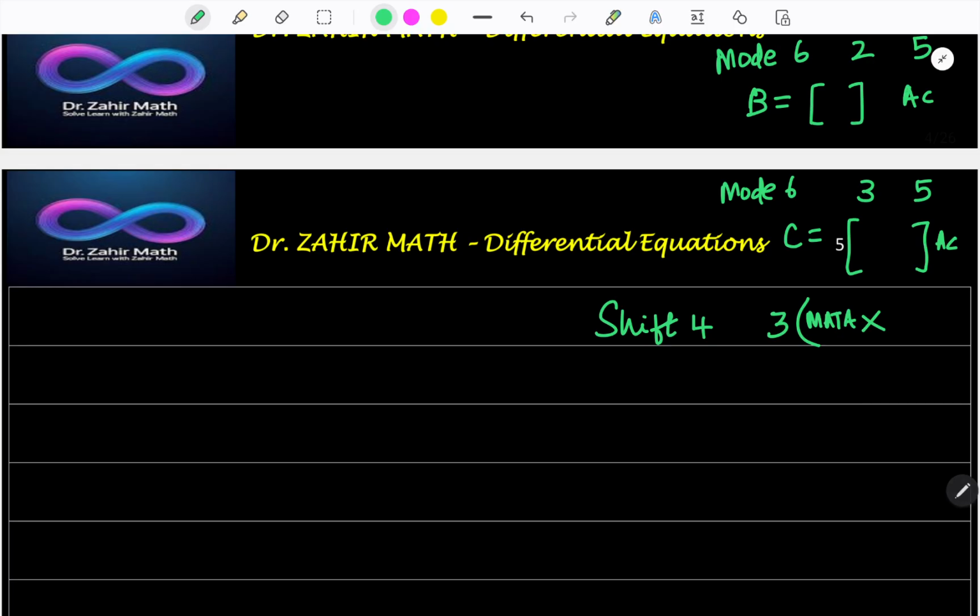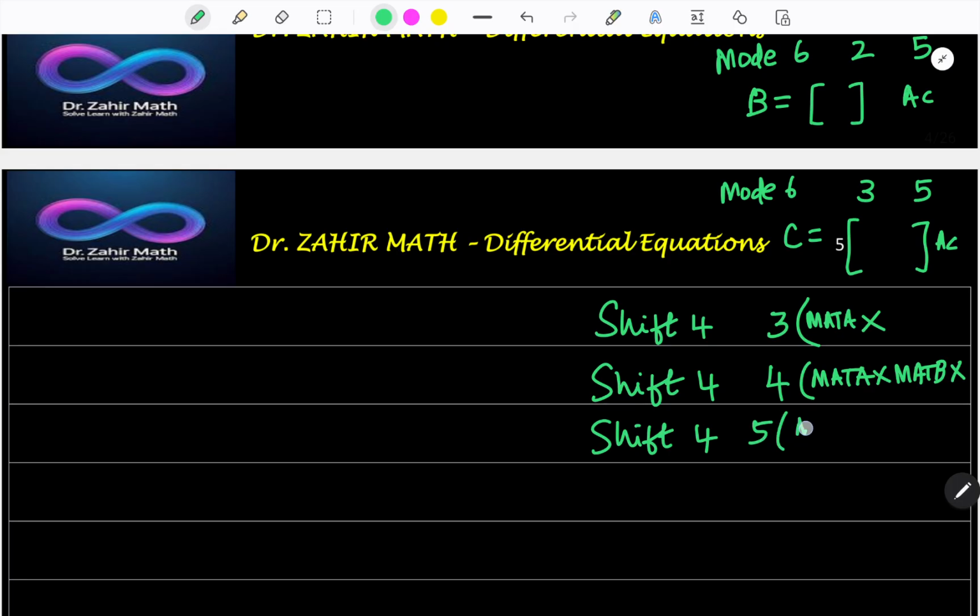Again shift 4, press number 4, and the screen will show mat A times mat B. Again press multiply, shift 4, and press number 5. You will get mat A times mat B times mat C.